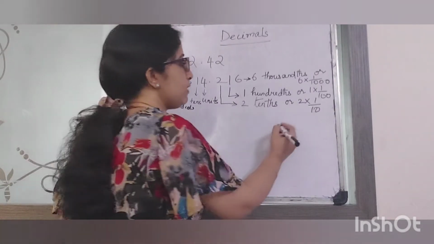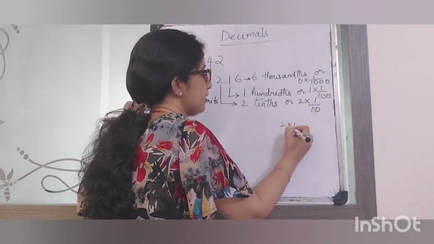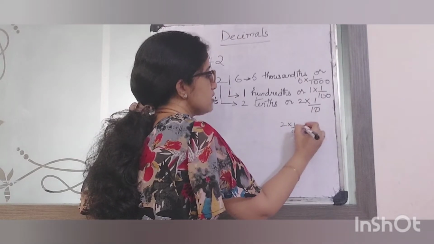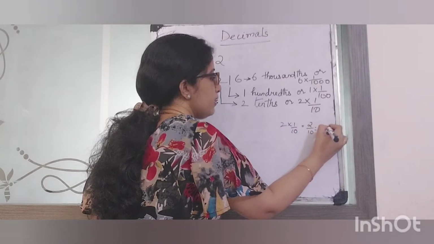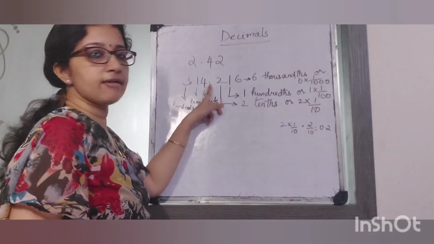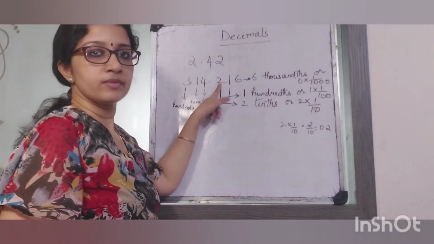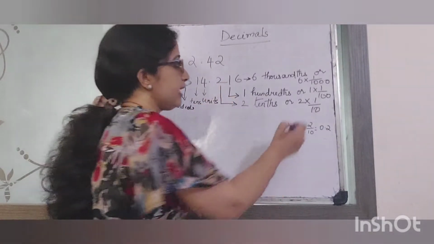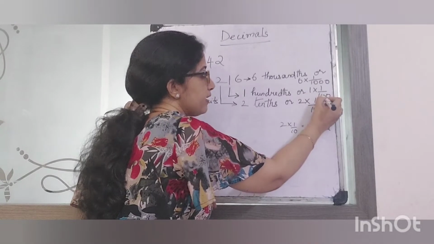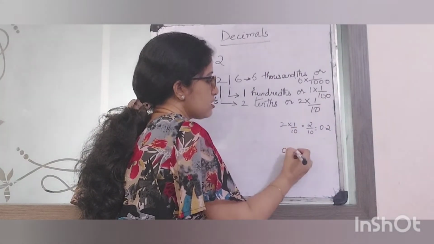Okay, so what will happen? 2 into 1 by 10 will give you 2 by 10, which is equal to 0.2, right? So that is what we have here, 0.2. Okay, clear? So this is how you have to do it. If you take 1 by 100, you will get it as 0.01.